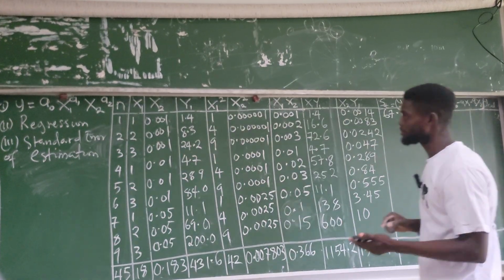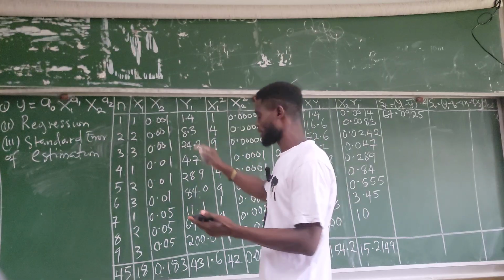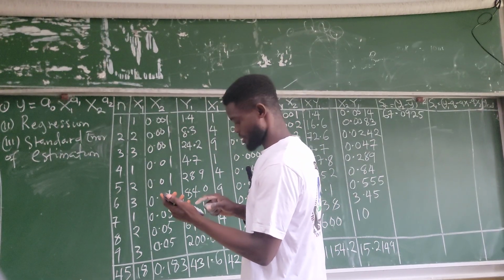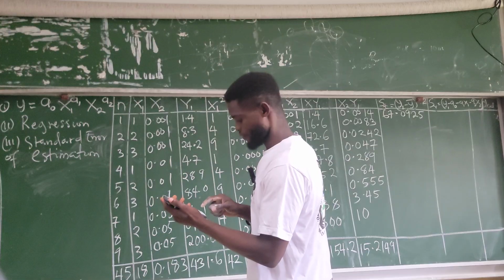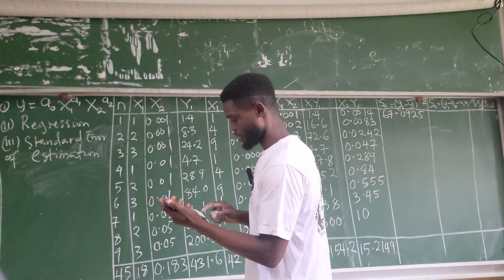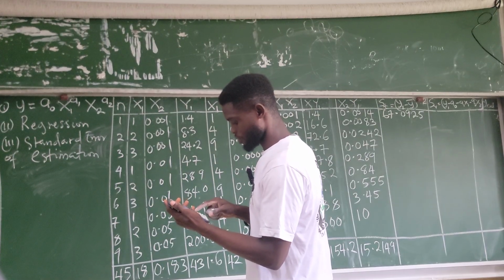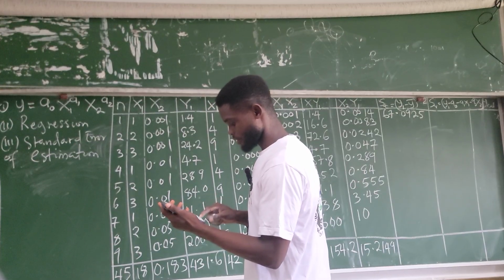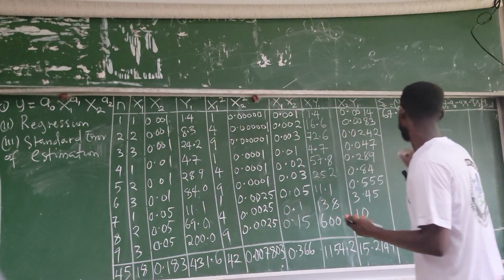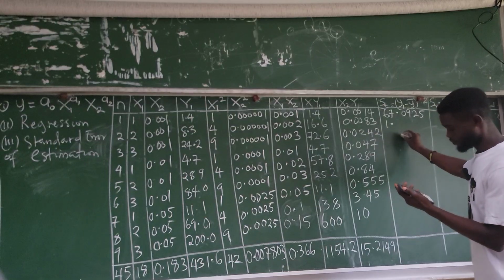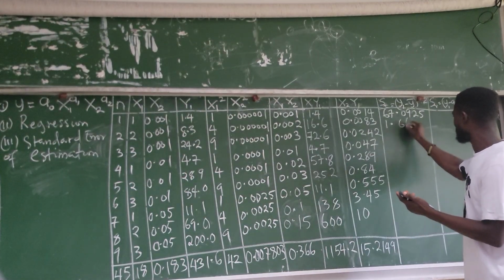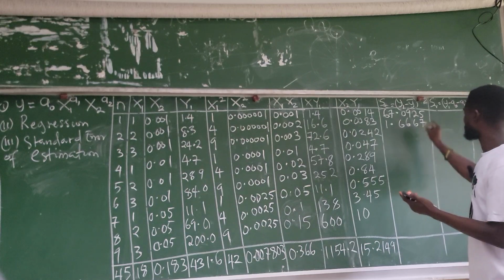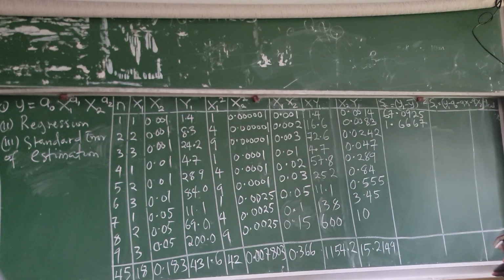So do the same thing. We have 8.3 minus 9.591. It will give us minus 1.291. Then square it. It will give us 1.6667, that is 4 decimal numbers.